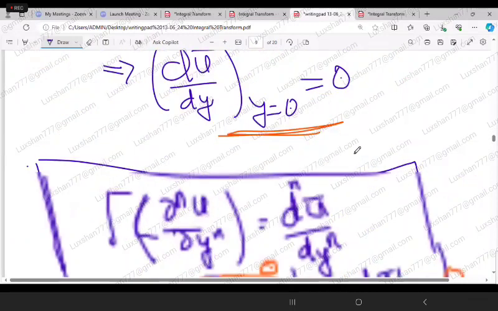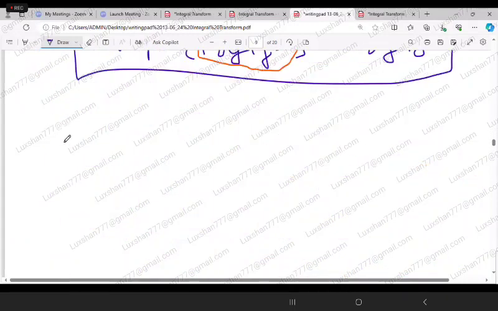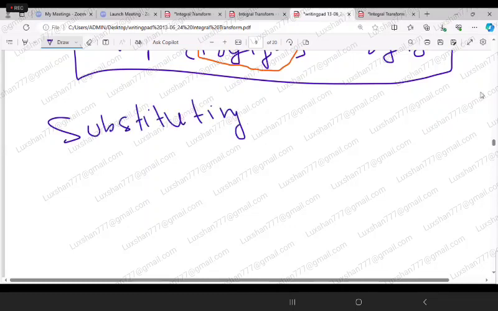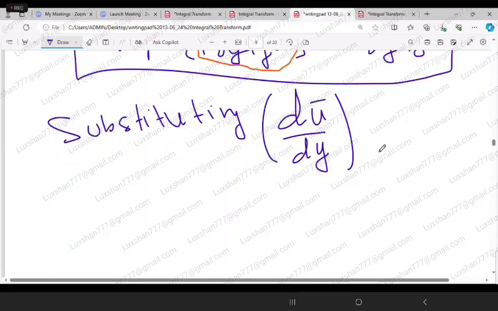If you substitute dū/dy when y equals 0 equal 0 in 1, what do we get?